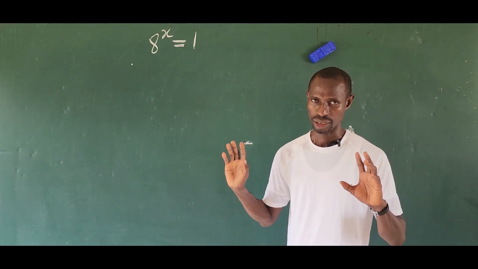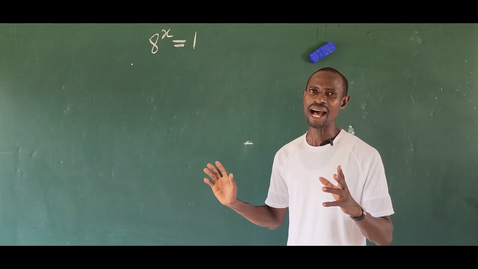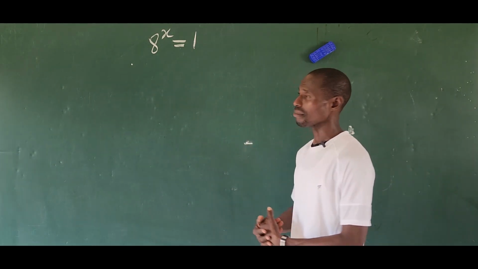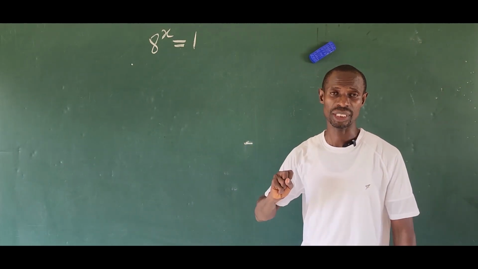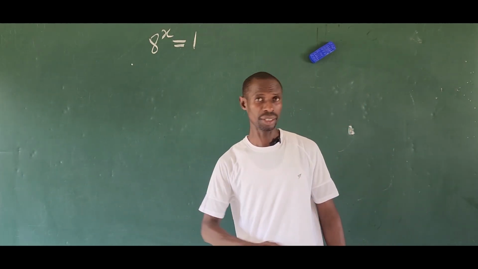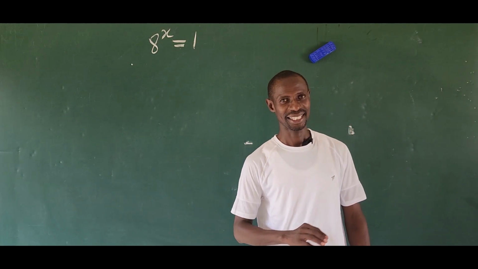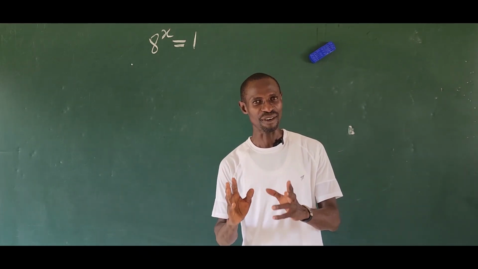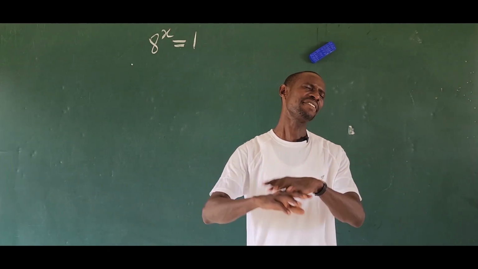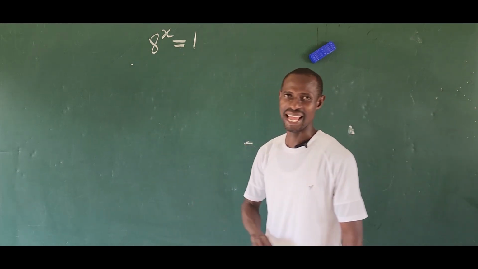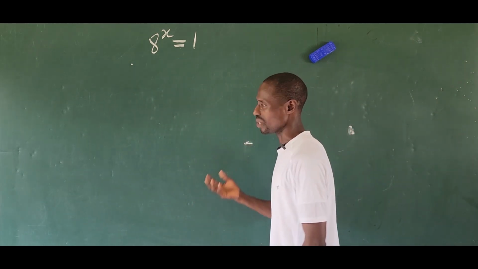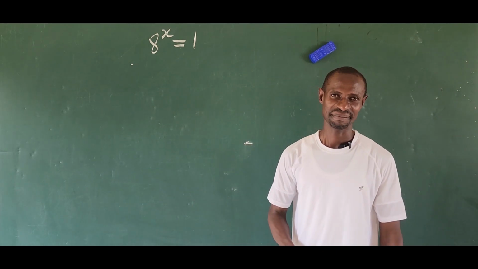That is correct. But do we have any other number that we can actually place in here, and when we evaluate it, it will give us 1? Yes. And I'm going to tell you for free that we have infinite numbers that we can put in place of x, and when evaluated, will give us 1.